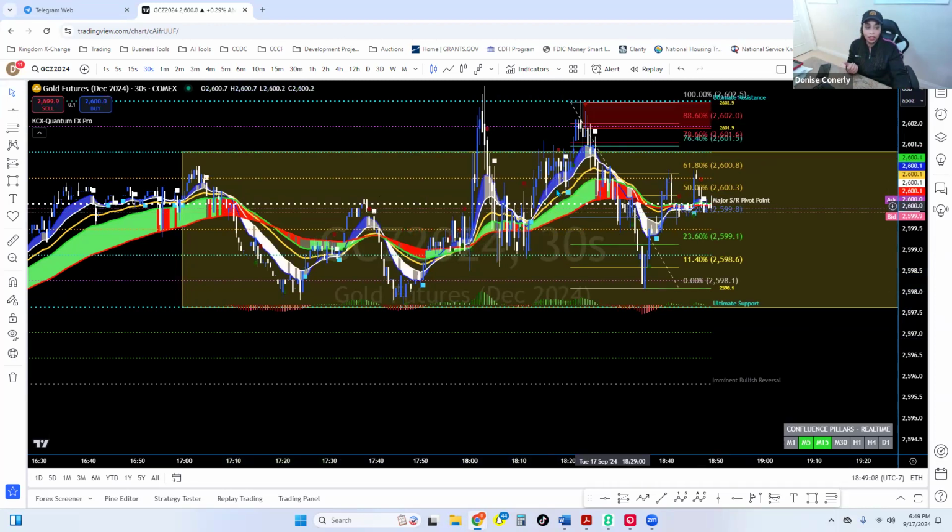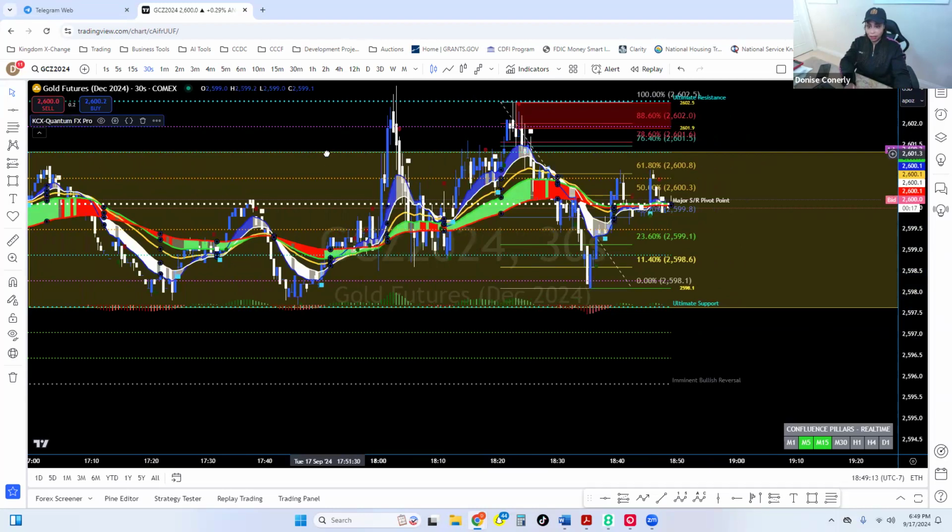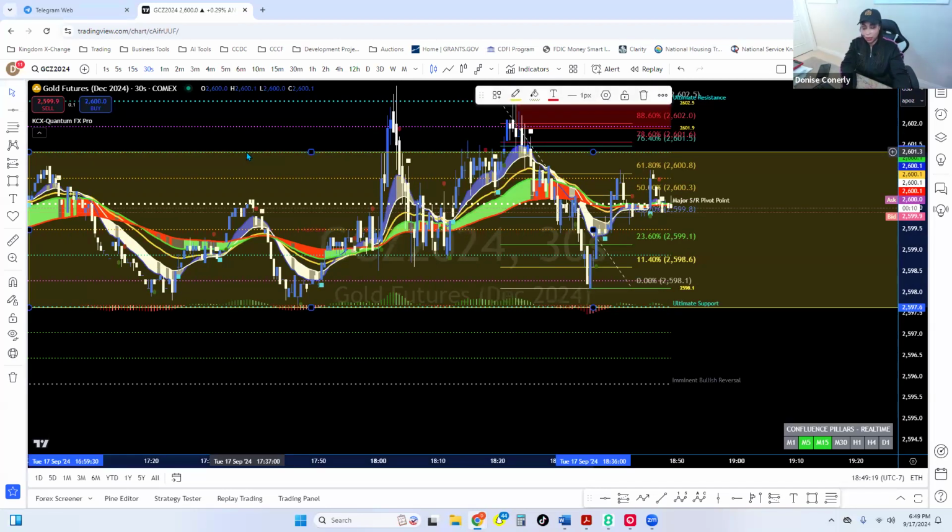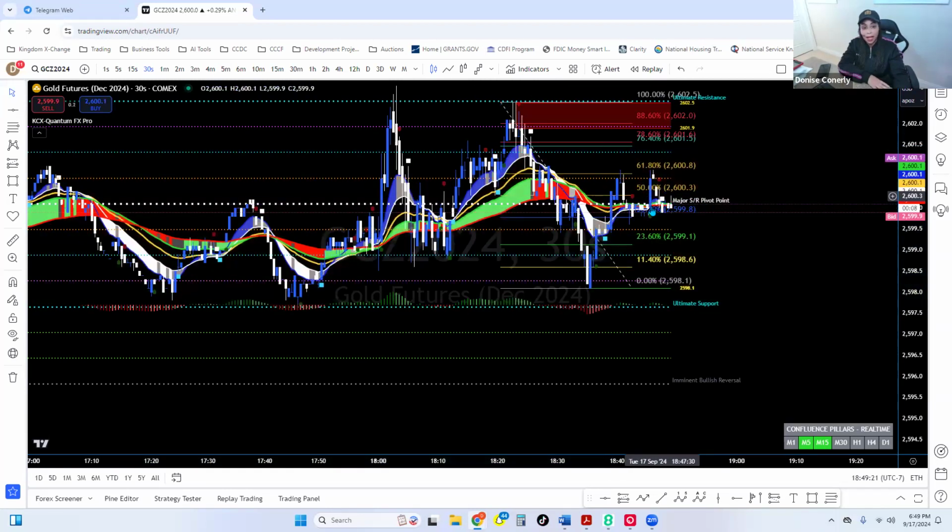If I was using a regular trailing drawdown, no, I would wait. I would need a little bit more confirmation, or I would be trigger-finger ready, because this is a nice amount of pips for gold. So this is good for gold.